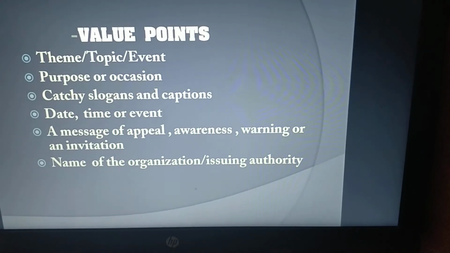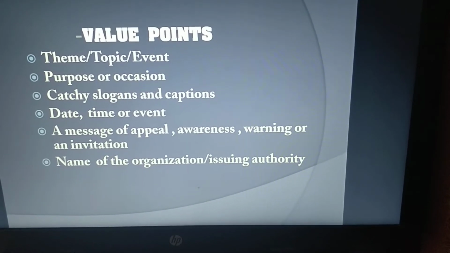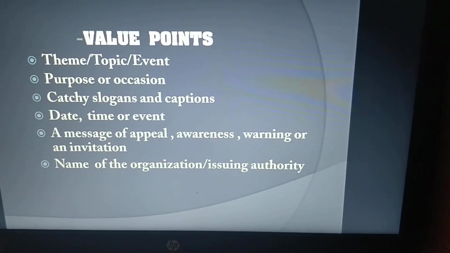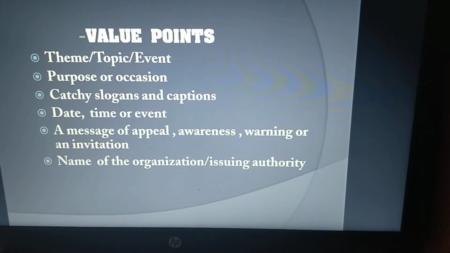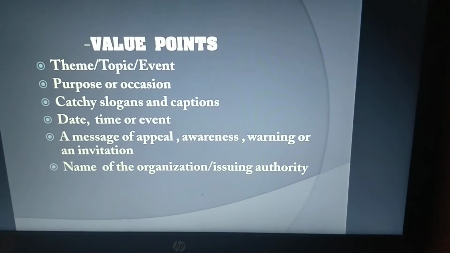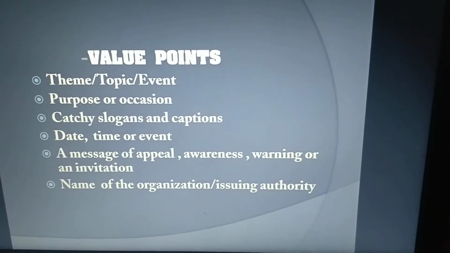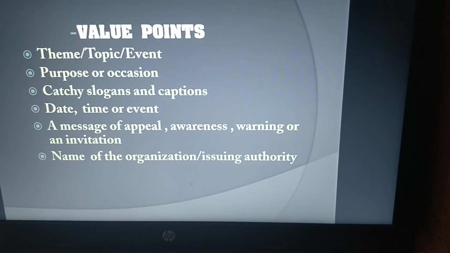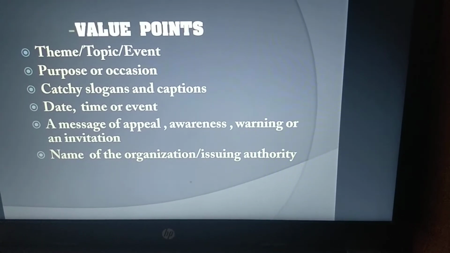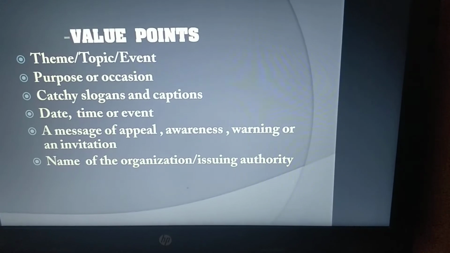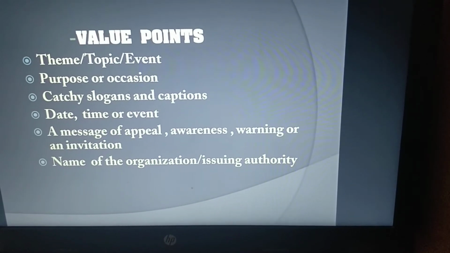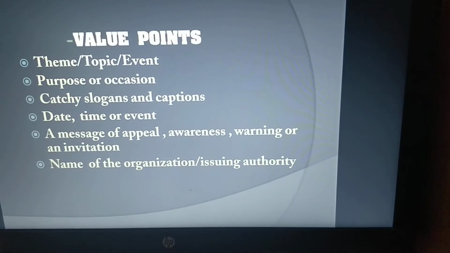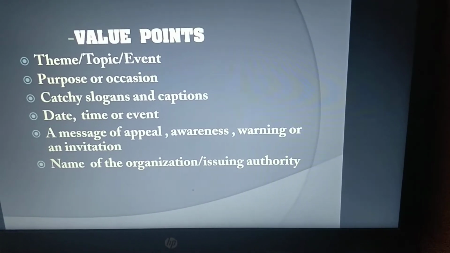Third, there must be attractive and catchy slogans and captions related to the theme or the topic. If it is an announcement, or an invitation to any event, then you have to mention the date and time, venue, and of course the event. If the poster is for creating awareness, making an appeal, giving a warning, or it's a kind of invitation, then do not forget to quote the line depicting the message.